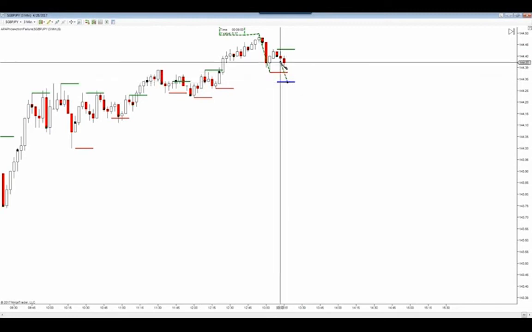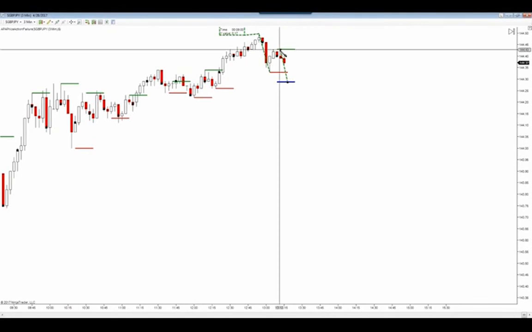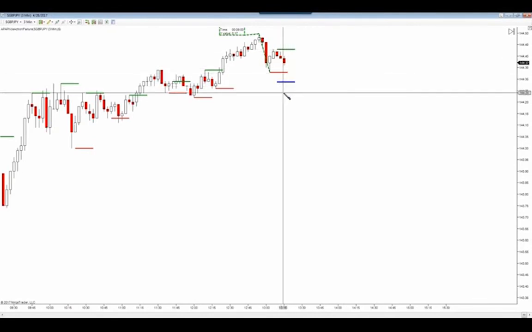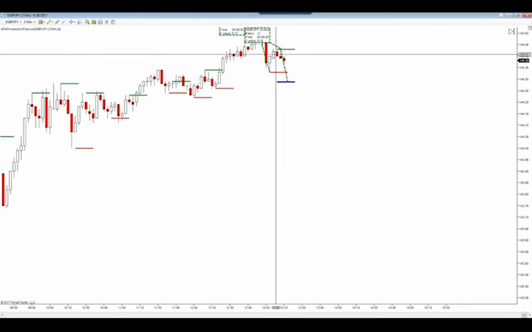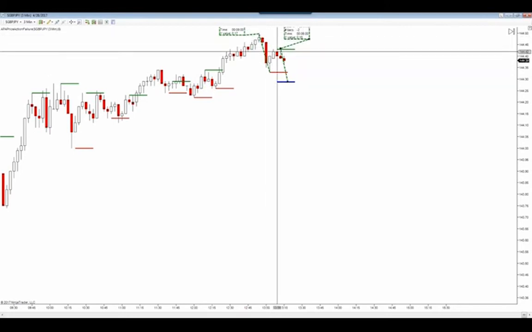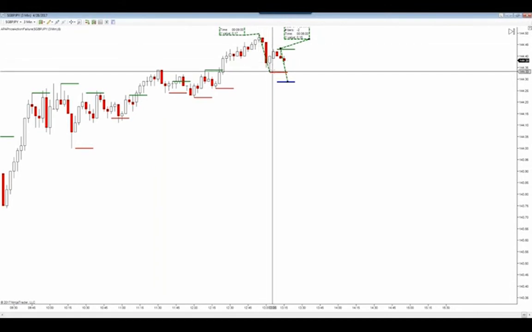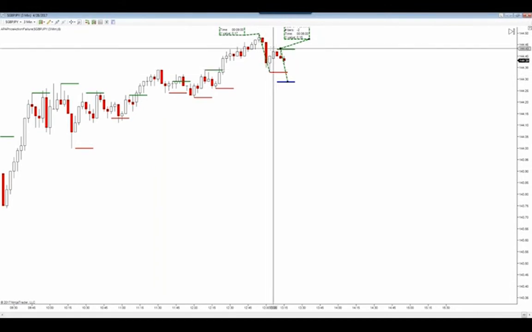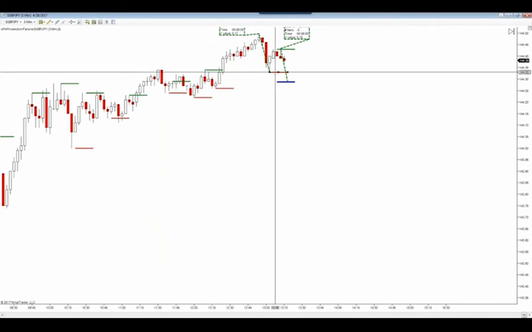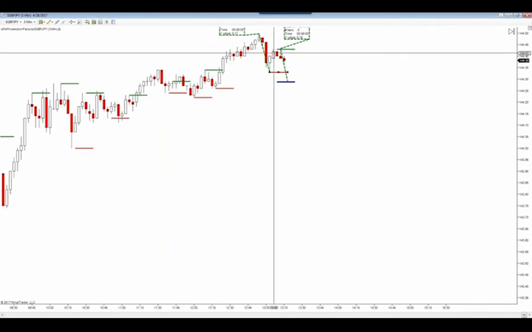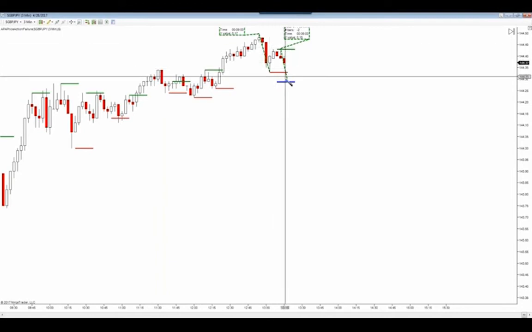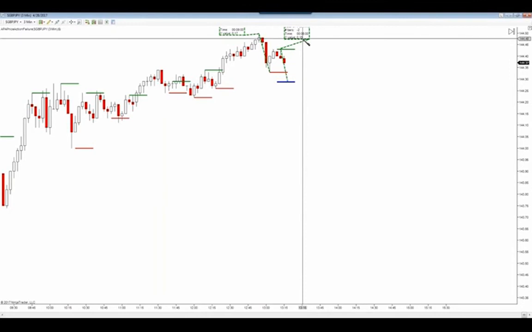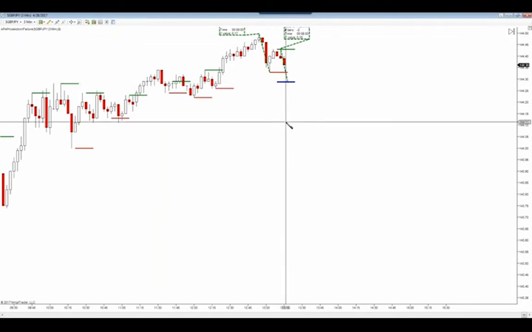What do we do for our risk? Our risk would be from this next bar that plots all the way up to the highest point in between that high and where we'd be, and the high of wherever this line started to plot from. In this case, it's forming off of this bar. So our stop would be there, and it looks like we'd be taking about 15 ticks of risk.